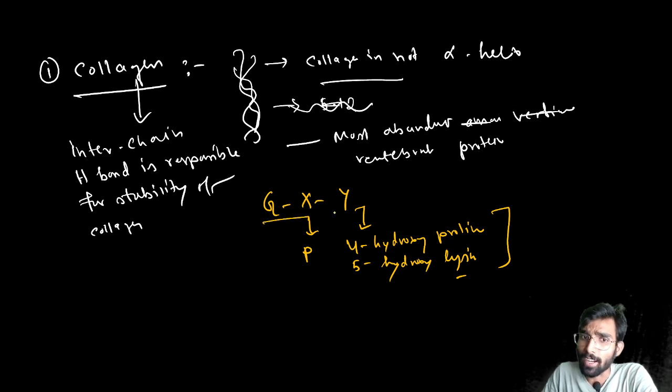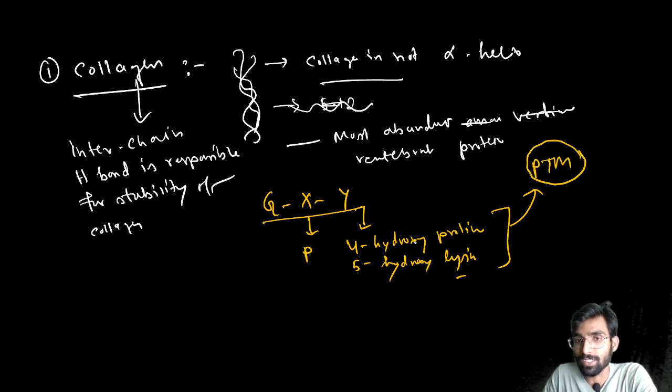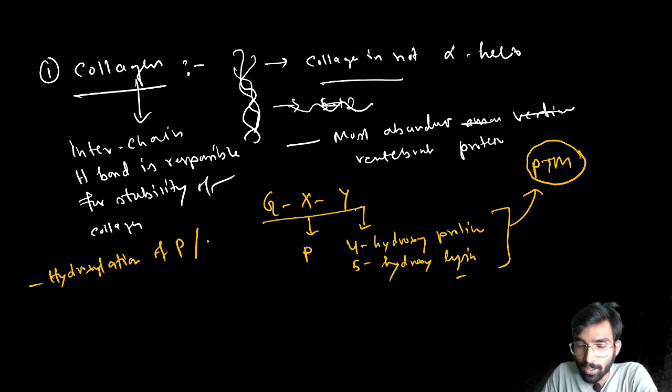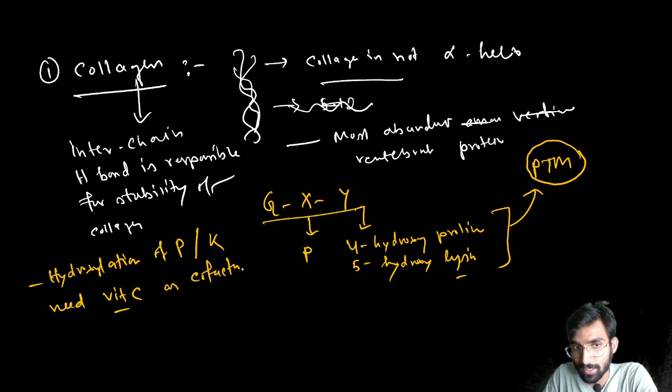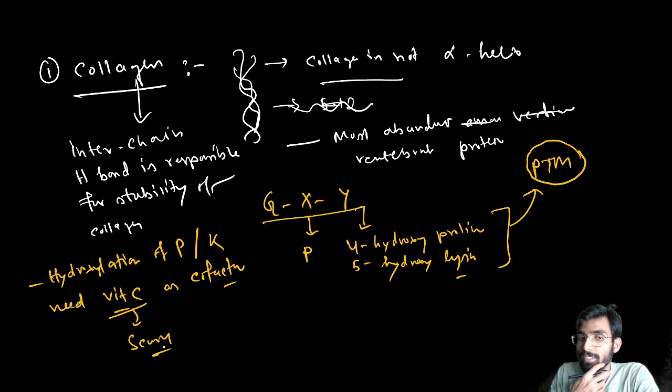This hydroxylation of proline and lysine is done in PTM, post translational modification. It needs vitamin C as cofactor. That's why vitamin C deficiency leads to scurvy, because collagen forms the gum.